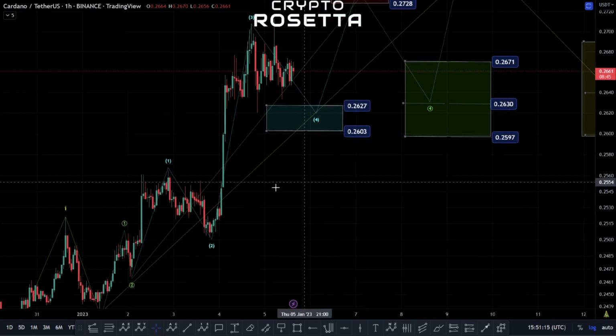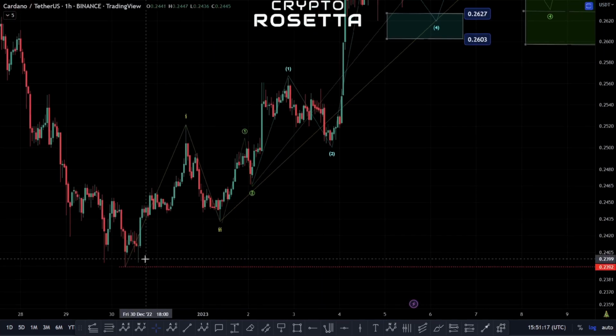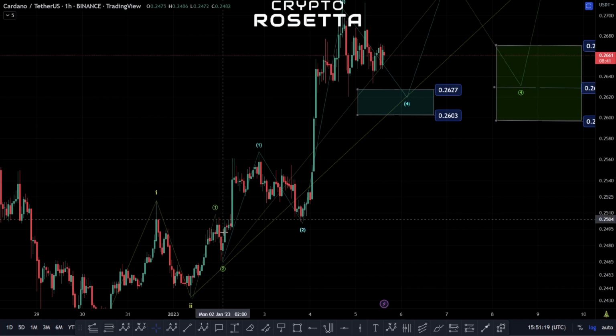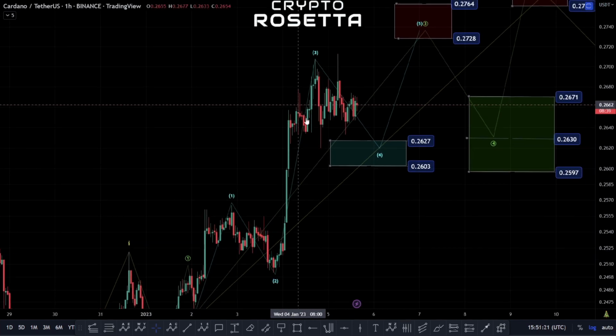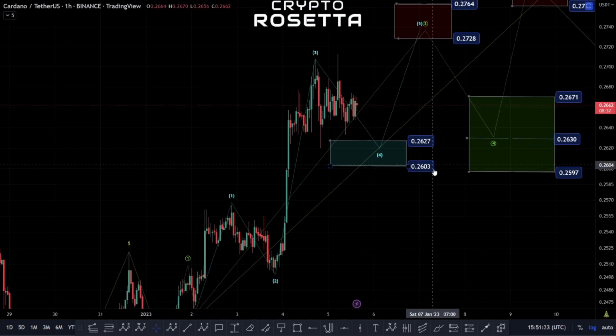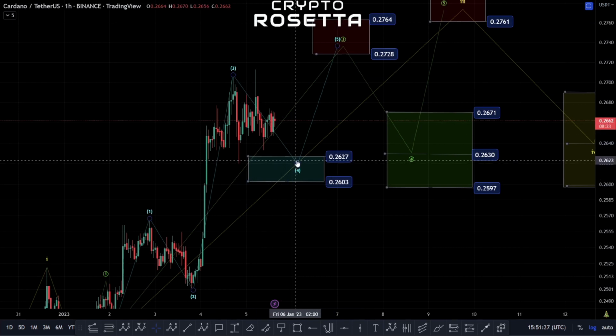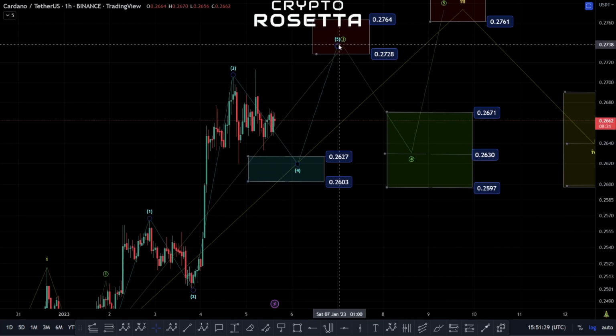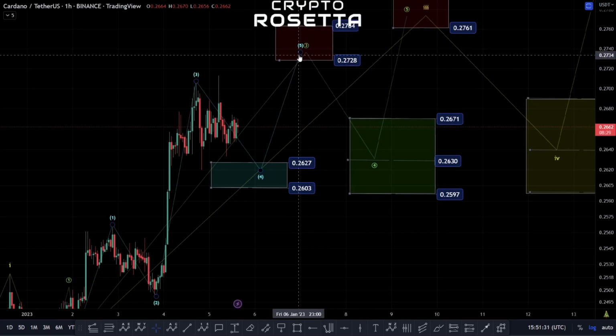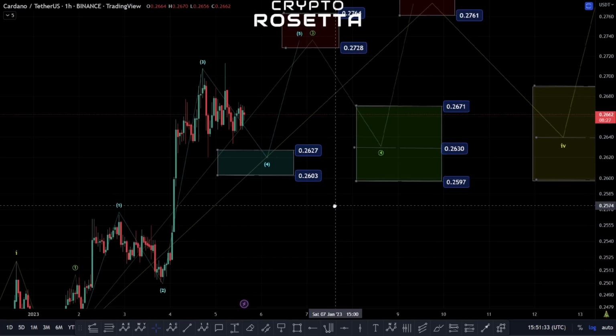So it is possible that what we have here is, from the bottom, a 1, 2, then additional 1, 2, 1, 2, 3, 4, 5 for 3. And then we have this fourth wave coming down here, and we're looking to push up one more time for this teal fifth wave.